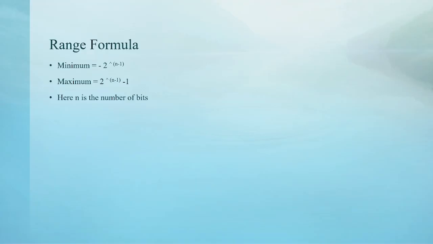Then the range formula: how to calculate the range for the short data type. The minimum is minus 2 raised to n minus 1, and the maximum is 2 raised to n minus 1, minus 1. Here n is the number of bits.